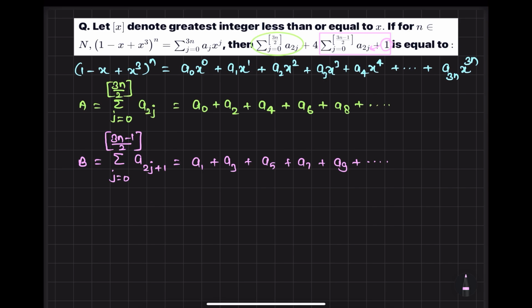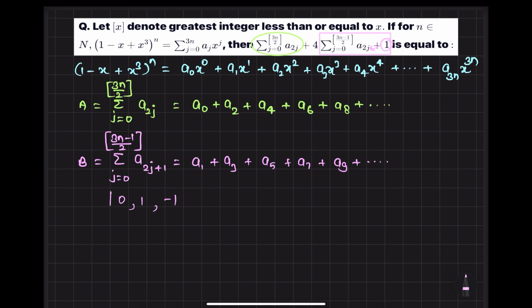Now look at how we will solve these kinds of questions. Whenever you are in these kinds of traps, where you have to handle even lower subscripts and odd lower subscripts, take help of three magical numbers. The first magical number is 0, the second is 1, the third is −1.